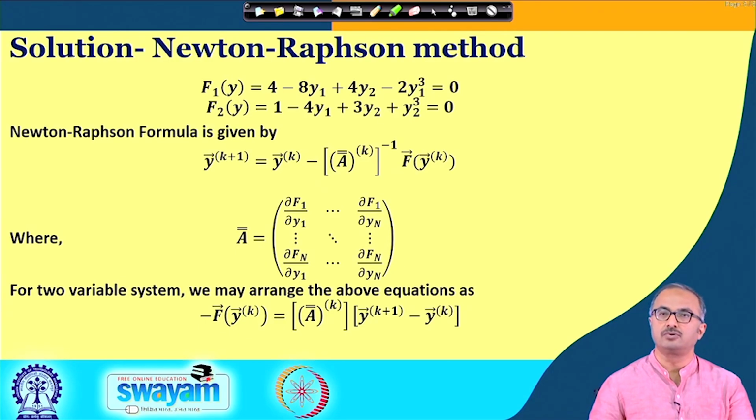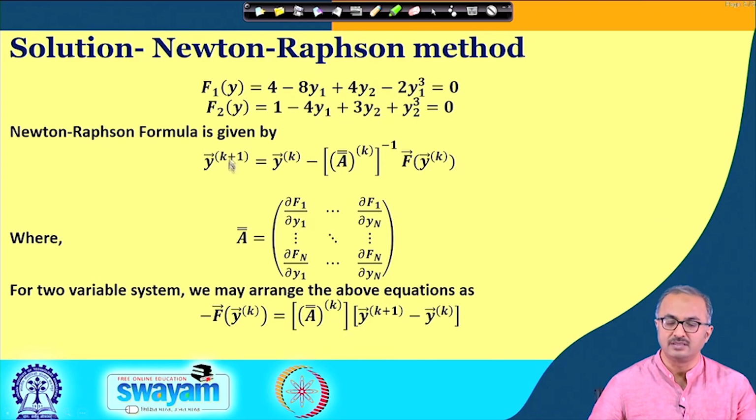And now we go to the Newton-Raphson method. As I showed you in my lecture, in this case the y will be obtained like this, where we have a particular Jacobian.